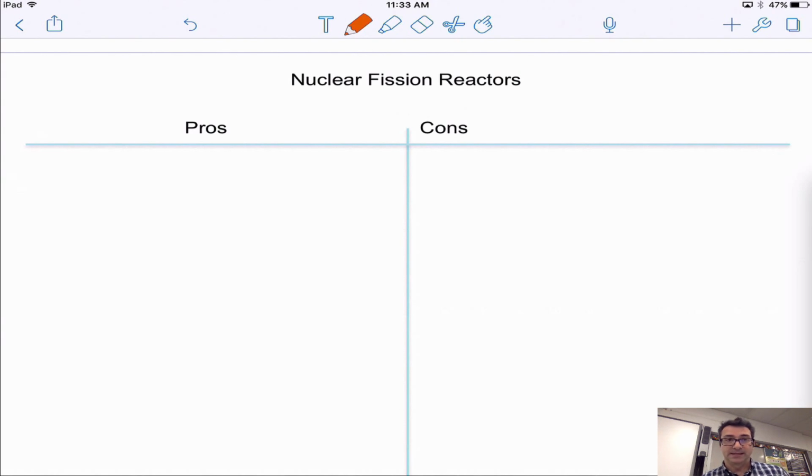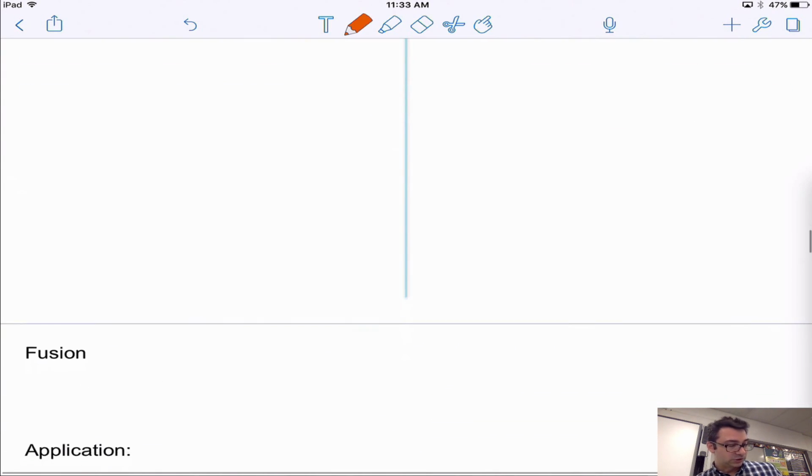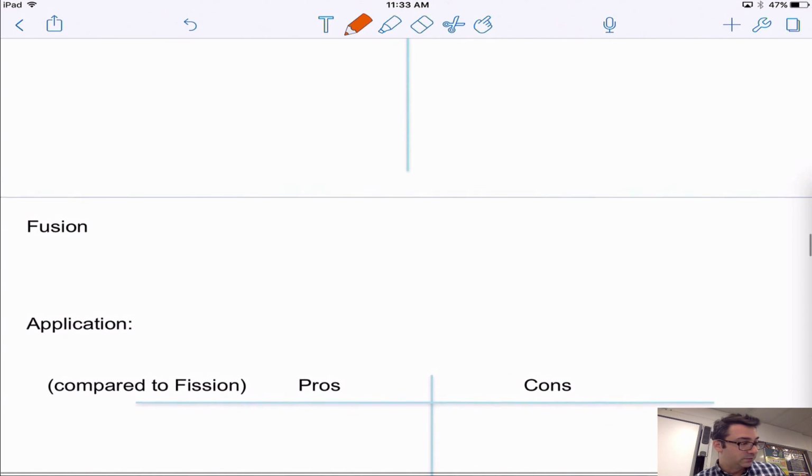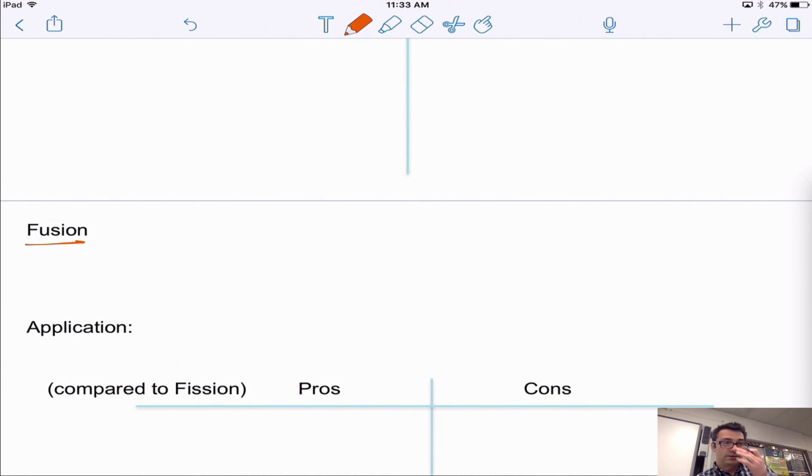Why are we looking at this? I just want to quickly touch upon nuclear fusion with you, another form of nuclear power that is important for us to understand. Nuclear fusion is where we take two small nuclei and we fuse them together.